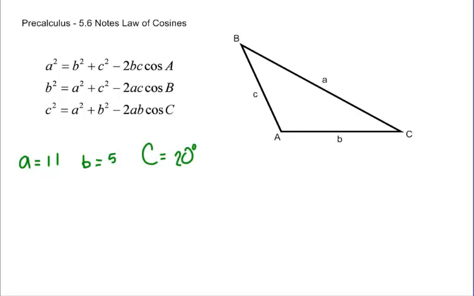Anytime you're working out a law of cosines and we're asked to solve triangle ABC, we have to figure out what each angle is, and we know that angle C is going to be 20 degrees. And then we also have to figure out all the sides.